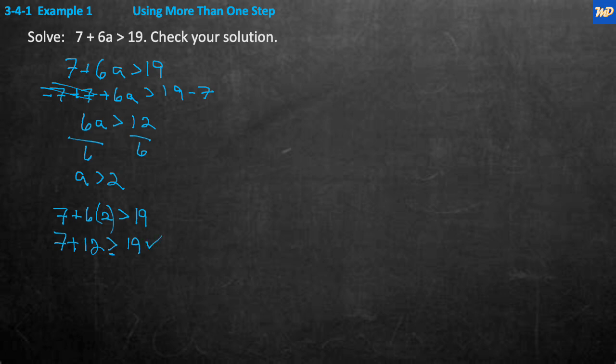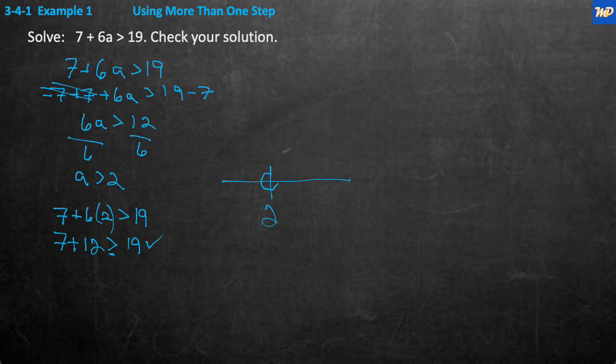So check. Now let's find out if our symbol is still correct. Did we need to move it or not? We're saying a is greater than 2, so we can pick 3 if you'd like. Let's pick 3 because it's greater than 2 as a solution. So we have our line and you have a is greater than 2. Here's 2.